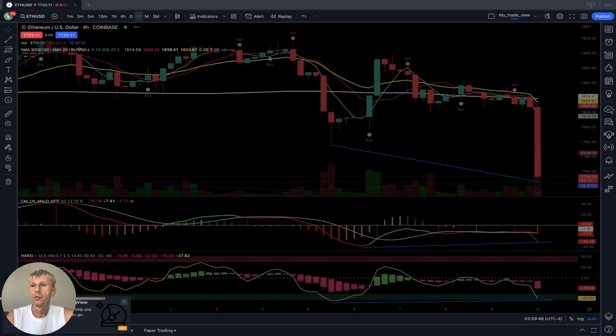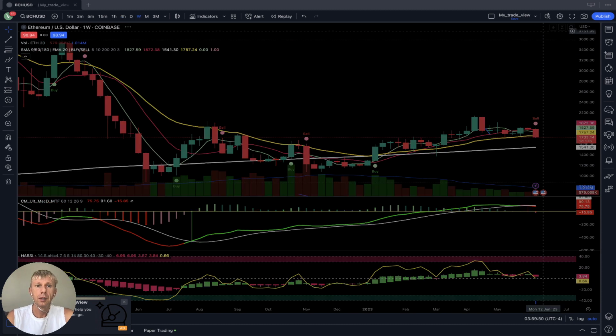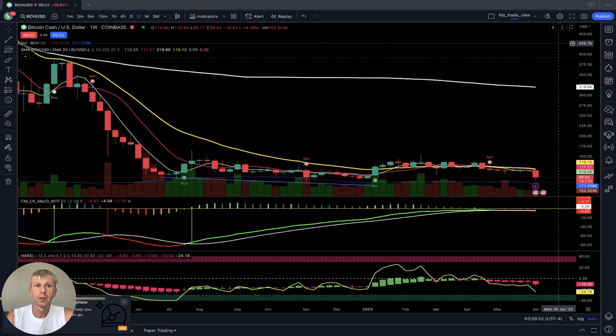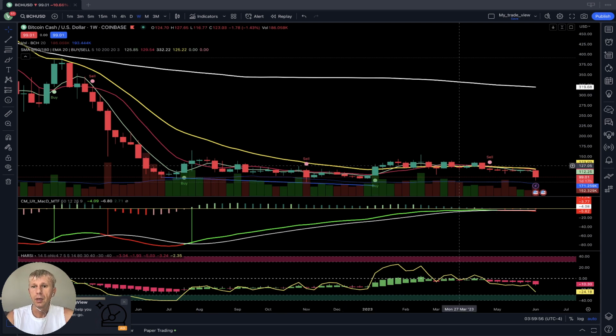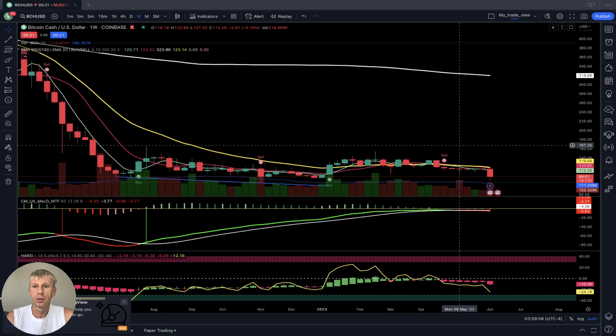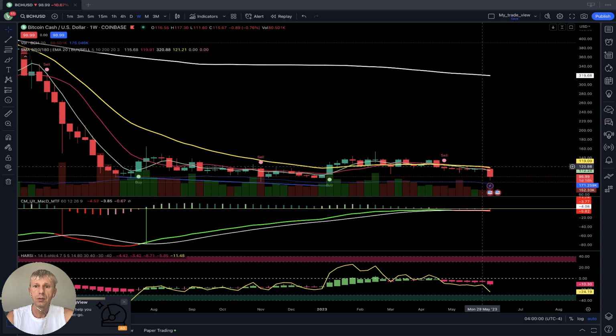Okay, let's move to Bitcoin Cash. Let's start with Bitcoin Cash weekly time frame. Bitcoin Cash weekly time frame is very weak because all moving averages are below 200 and far from 200. It is very oversold. You see, 200 was at the 300 level, 320.